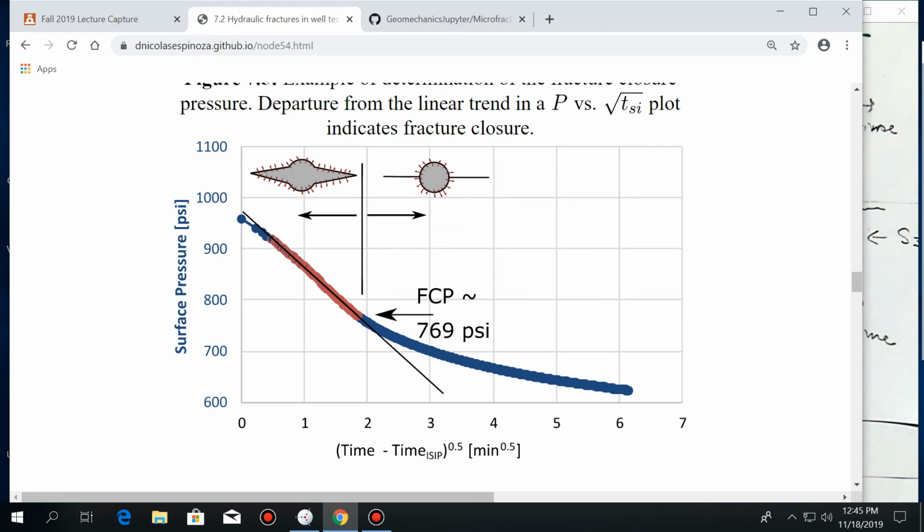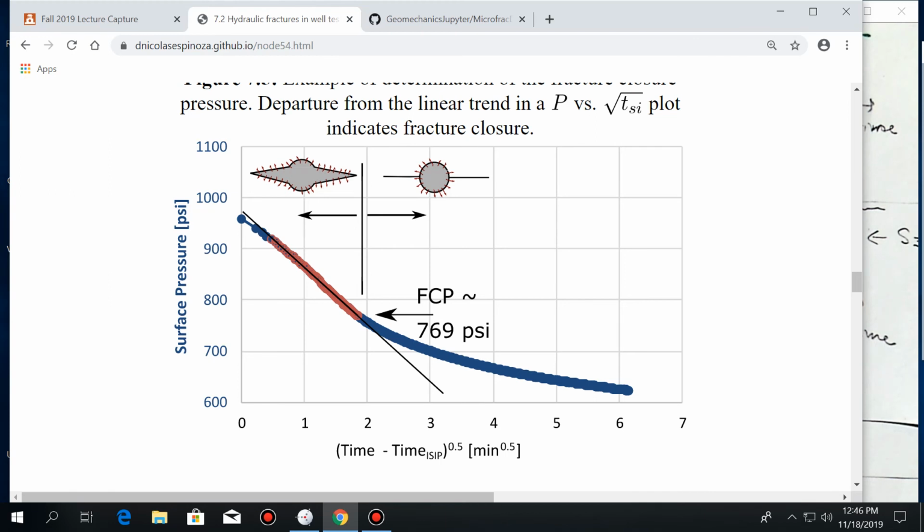If you imagine the fracture as a line, and when it goes into the wellbore, the fluid has a point source, and that's why it decays much more slowly. At the point where you go from a linear trend into something not linear, again with square root of time, that point is the fracture closure pressure. So for this particular test, we see that the fracture closure pressure in terms of surface pressure is 769 psi.